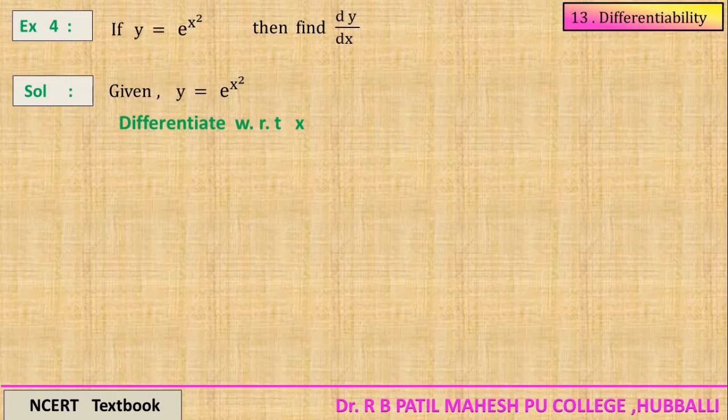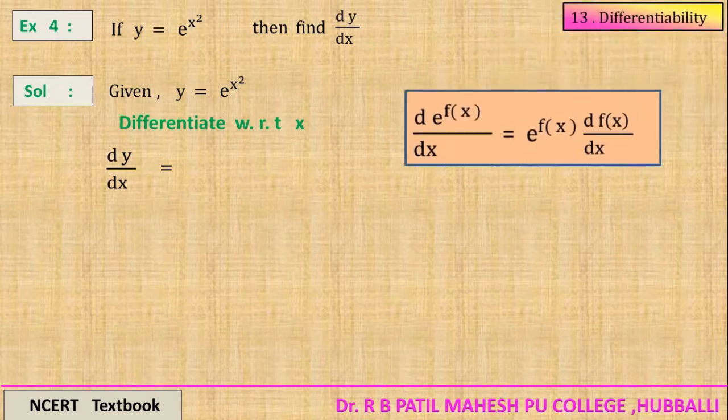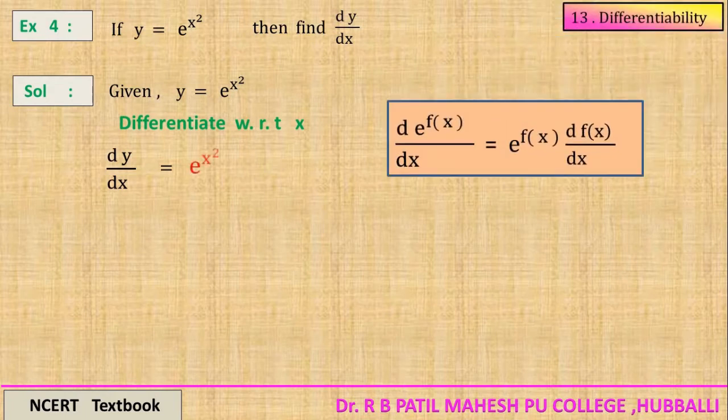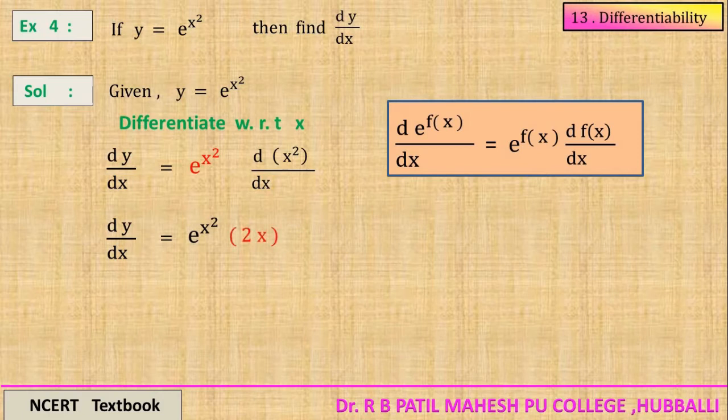Differentiate with respect to x. dy by dx is equal to the same function, that is e raised to x square, into d by dx of x square. So dy by dx is equal to e raised to x square, and what is the derivative of x square? 2x. So rewriting, 2x into e raised to x square.